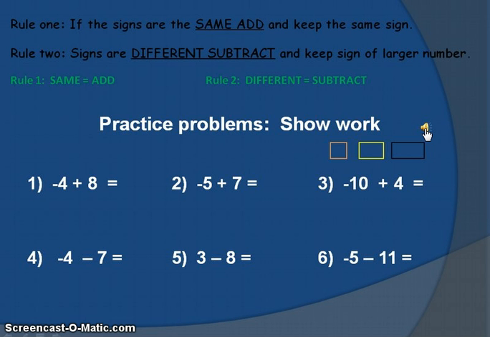As you go through these, make sure you're boxing them up and saying in your head, same signs add, different signs subtract. We'll give you about 30 more seconds to work through these.